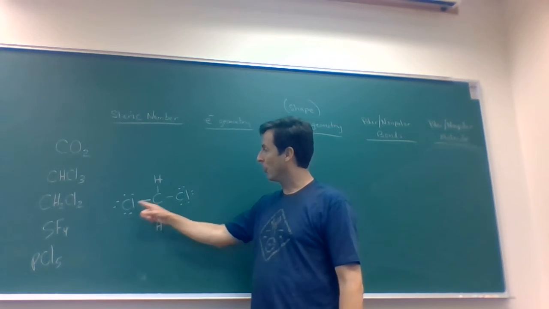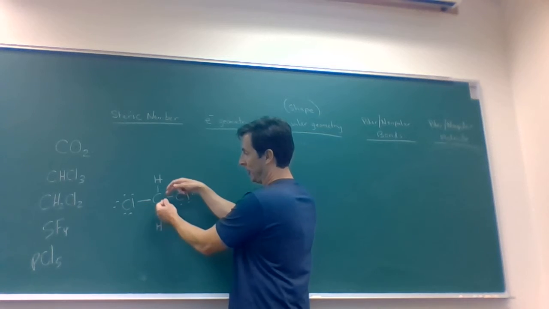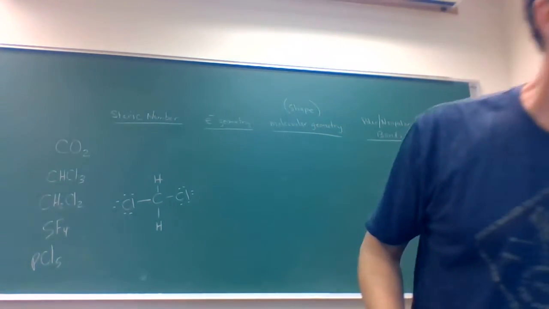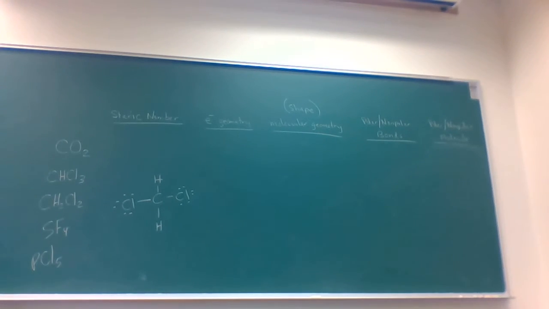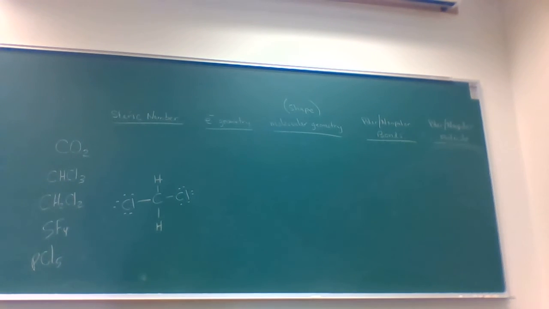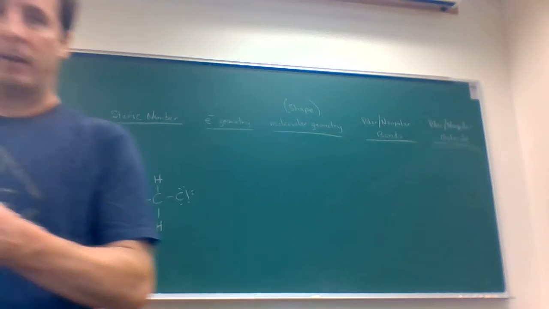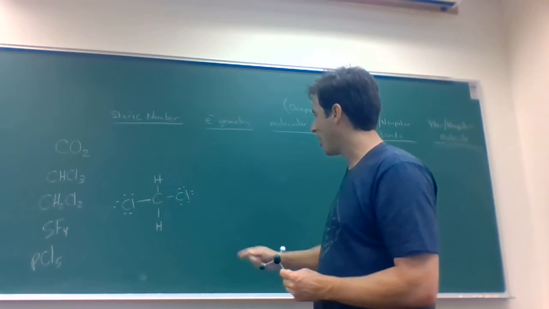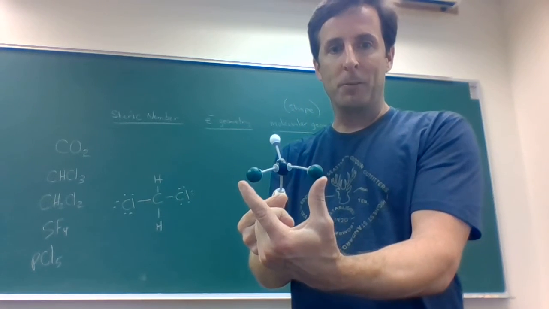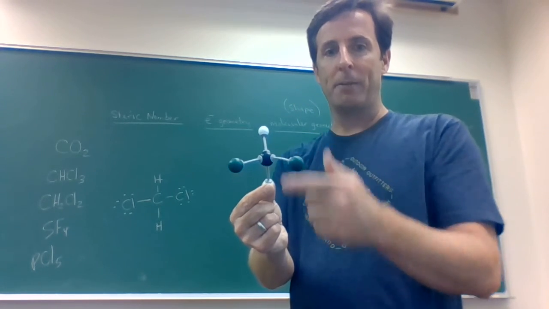it kind of looks like the 2 chlorines are pulling against each other and the 2 hydrogens are pulling against each other. It kind of looks like that might cancel. But if I go back to my model, even though I draw my chlorines on opposite sides, I can build a model where the green atoms are chlorines and the white atoms are hydrogens.